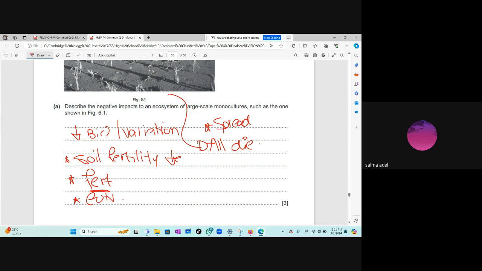Of course, when I grow only one plant, let's say I have an insect that doesn't eat this plant, it eats cucumbers, and you are growing tomato, tomato, tomato. This insect will die. So we did say loss of biodiversity and variation. We can say that we have a decrease in food supplies, and this is going to affect animal populations or insect populations, and it is going to destroy or damage food chains. So I think we mentioned all the disadvantages of monocultures.